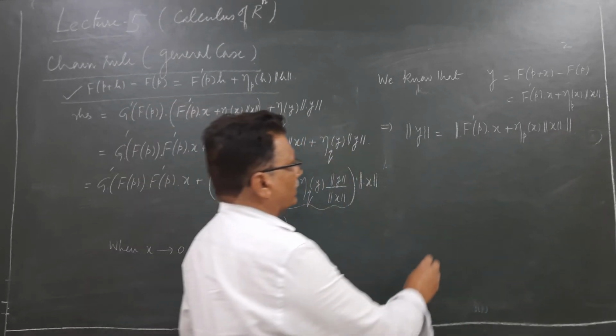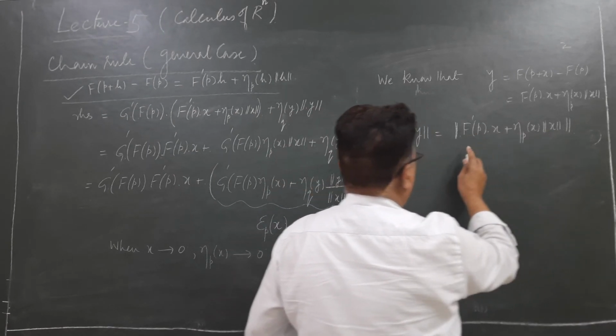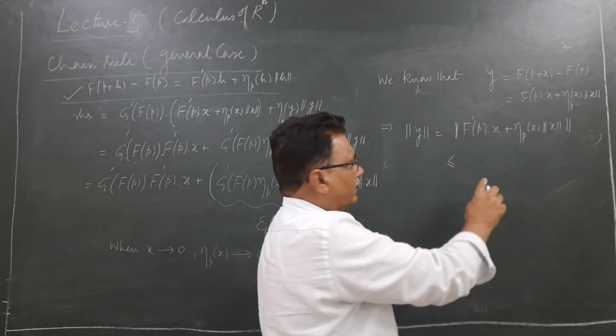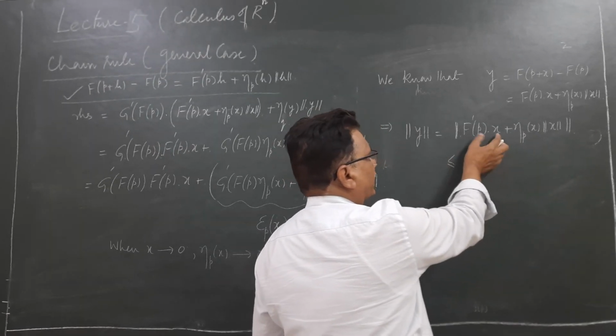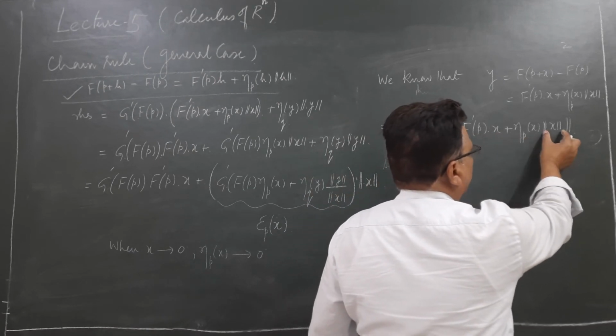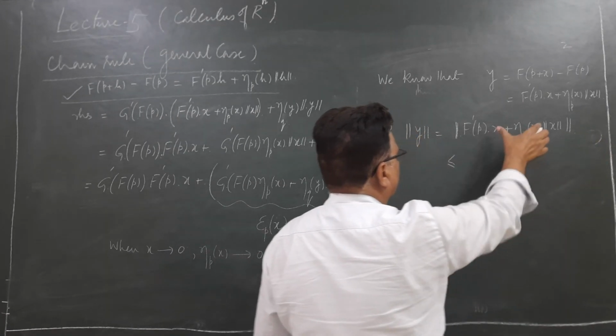And this will be less or equal to, in fact it will become a vector. This is a matrix multiplied by a vector, and this is a vector multiplied by a scalar, which is a vector. So, it is a sum of two vectors inside the norm.